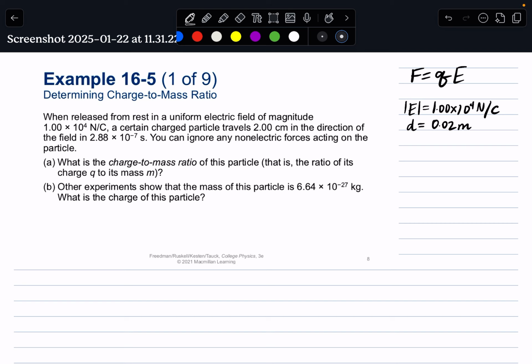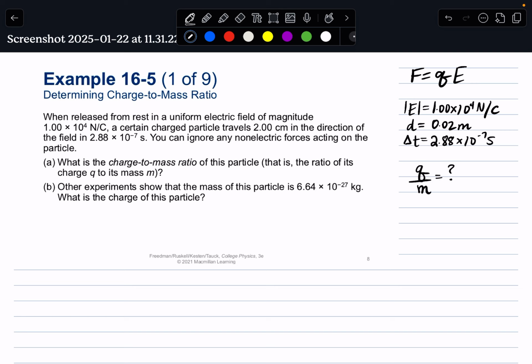And that the time it takes to move over that distance is 2.88 times 10 to the minus 7 seconds. So these are all of our givens. We're asked to find the charge to mass ratio.